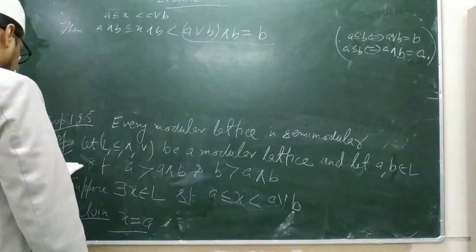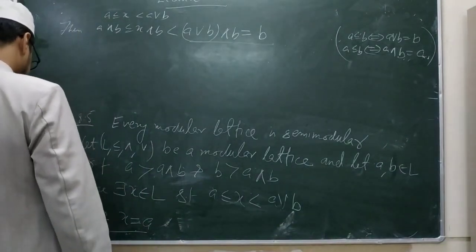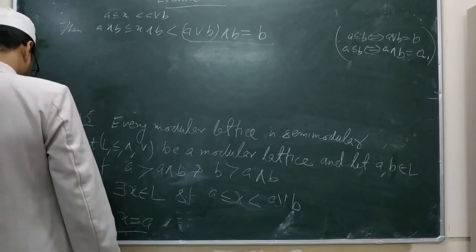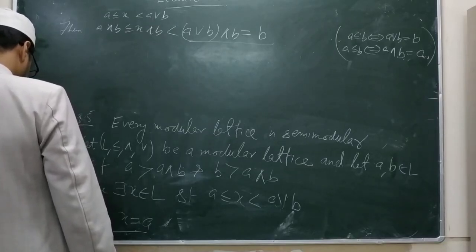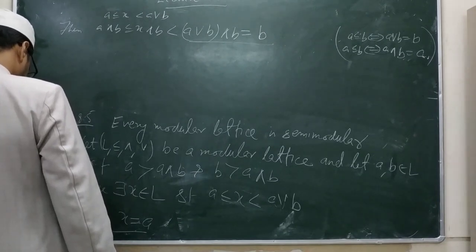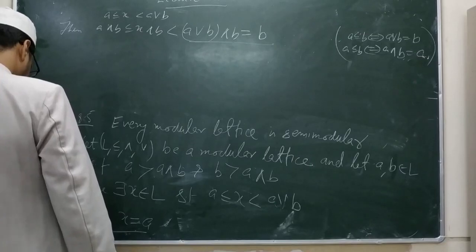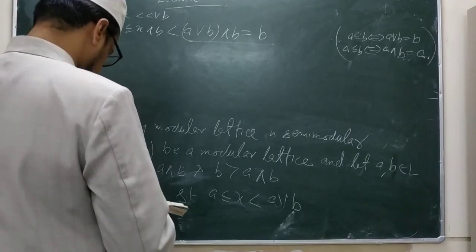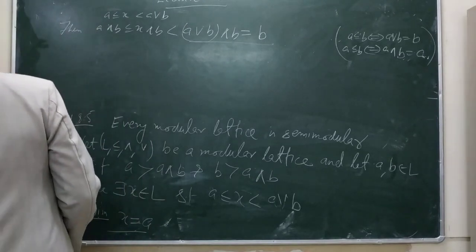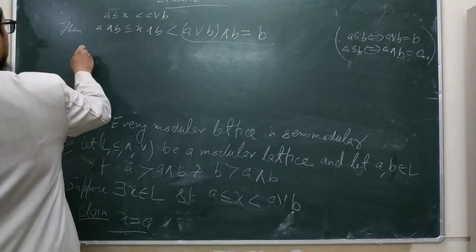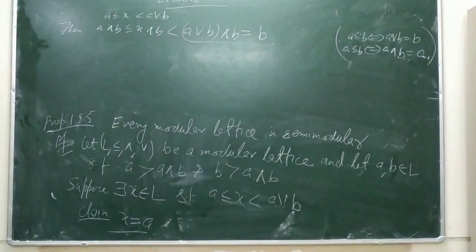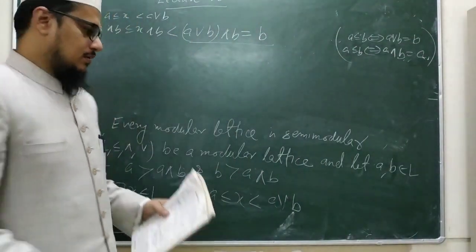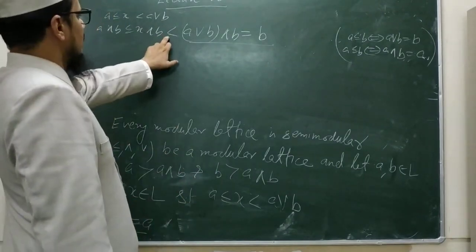So now the problem is that here, for X meet B, equality cannot come.